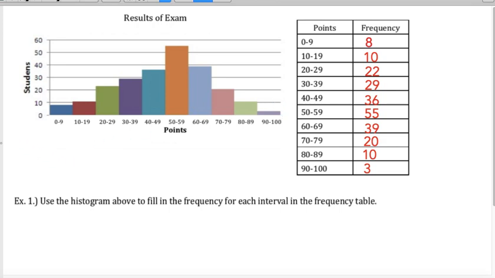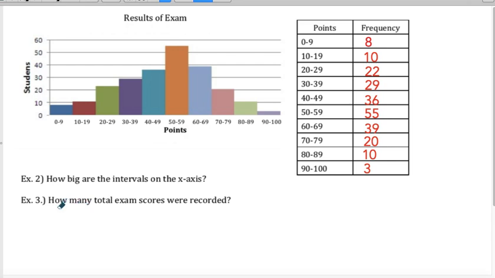So to go on to question number 2, we now have our data filled in our table. In question number 2, we're going to calculate how many total exam scores are here. And so that's important to know how many observations were total in the table.